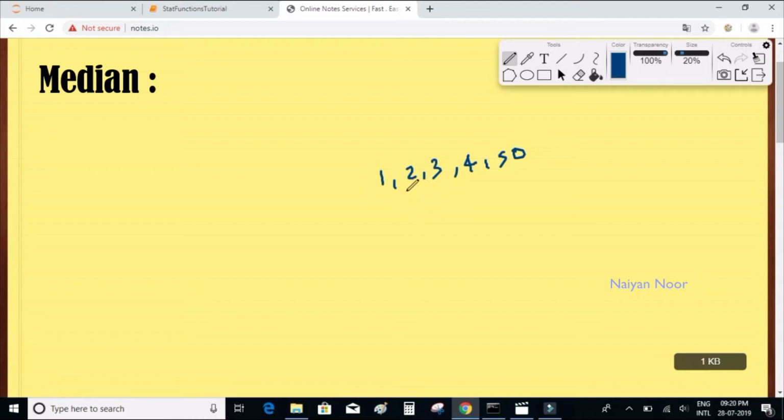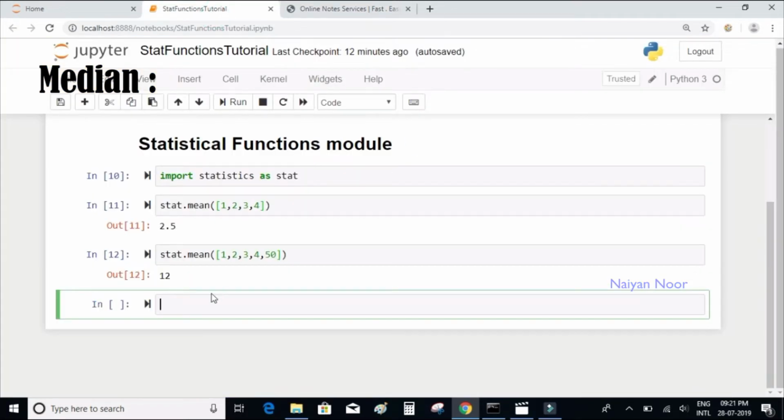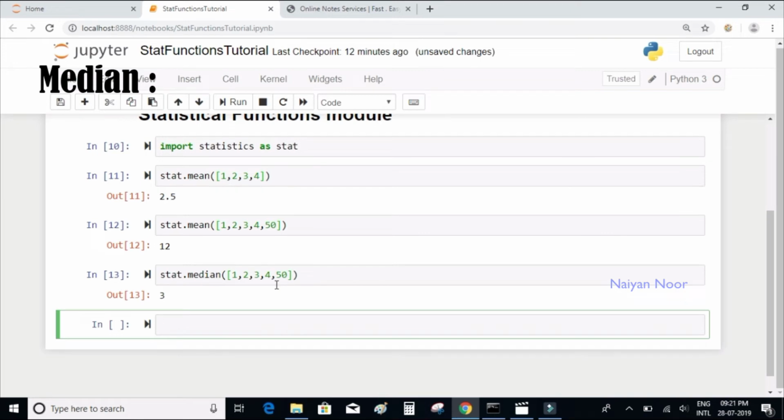But what median does is find the number which is exactly in the middle. We have 2 elements on this side and 2 elements on that side, and we have 3 exactly in the middle. So the median returns 3. Let's say stat.median, and we'll pass the same list 1, 2, 3, 4 and 50. So we'll get 3.